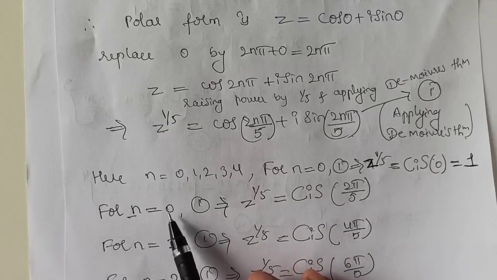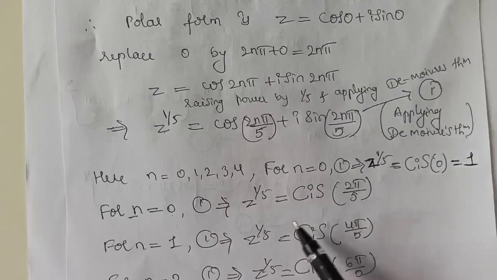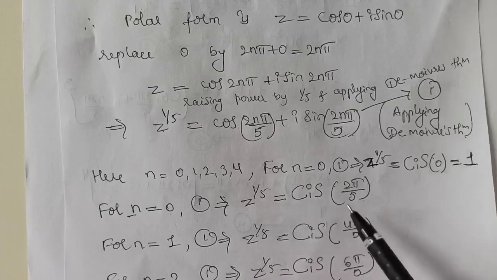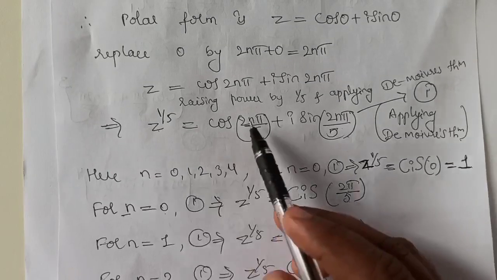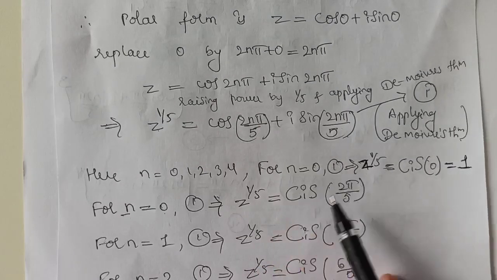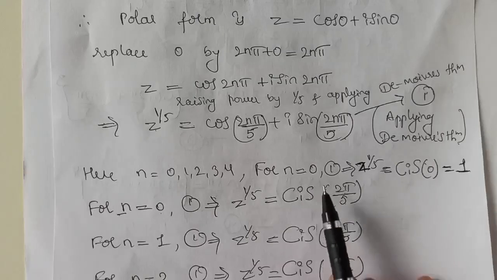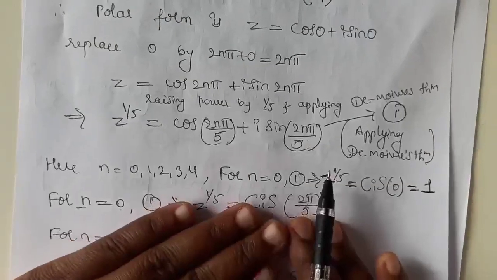For n equals 0, equation 1 becomes z power 1 by 5 equals cis of 2 pi by 5, so that is substituting 0, 2 into 0, 0. So this is not cis of 2 pi by 5.